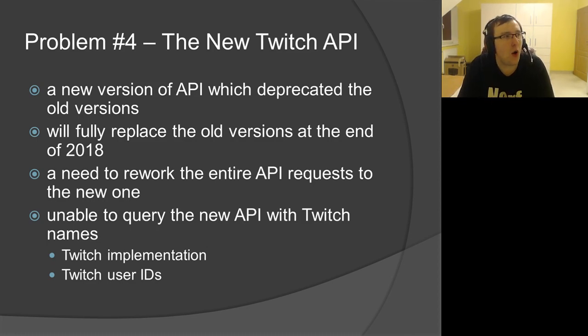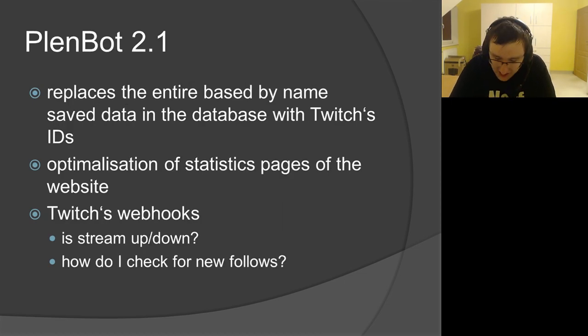If the old name is no longer used, then the new name has to be used, right? But the bot didn't know that, so it created a second entry for you, and you had to start from the beginning, and that was a problem. I needed to fix that, and after a long while, I did. So that was the main part of Planbot 2.1.